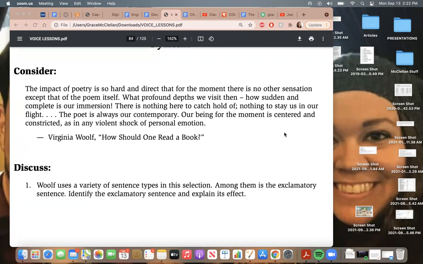And that's an interesting sentence because it's got that dash in it beforehand. What profound depths we visit then, how sudden and complete is our immersion! Why do you think she chose to make that part exclamatory? Why would she choose to put an exclamation point there when there isn't one anywhere else in the passage?